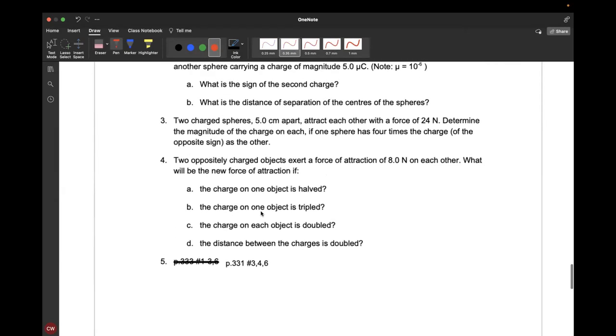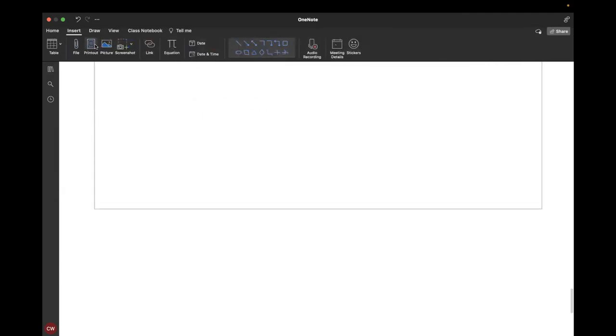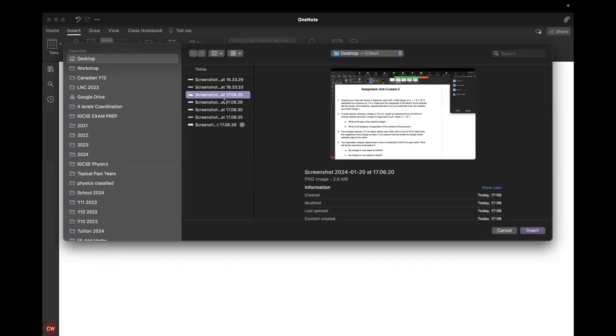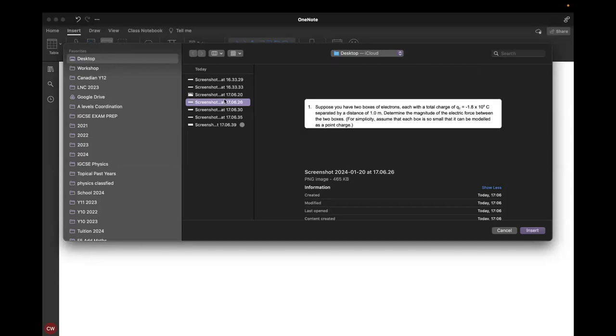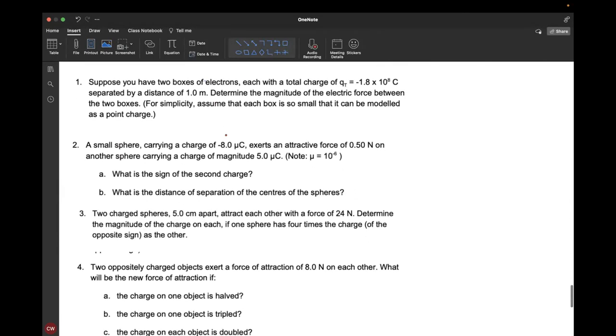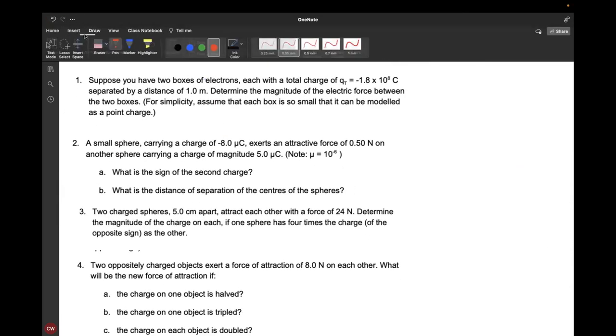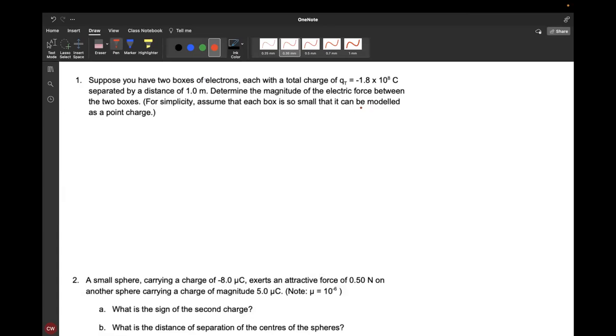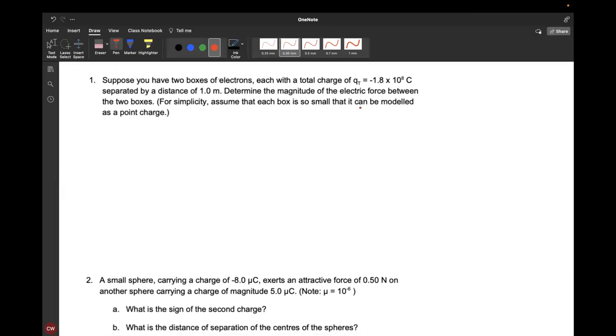Okay, let's see this again. Charge determines the force.